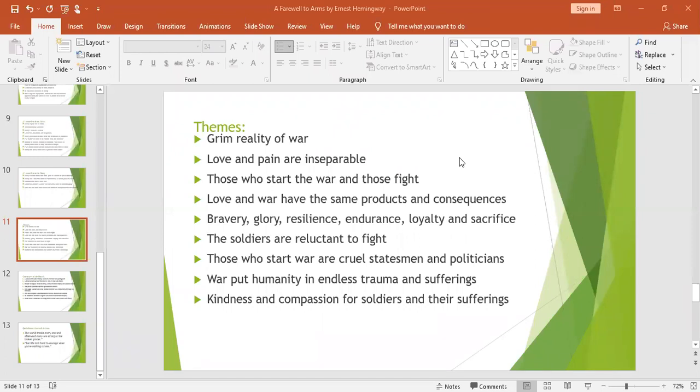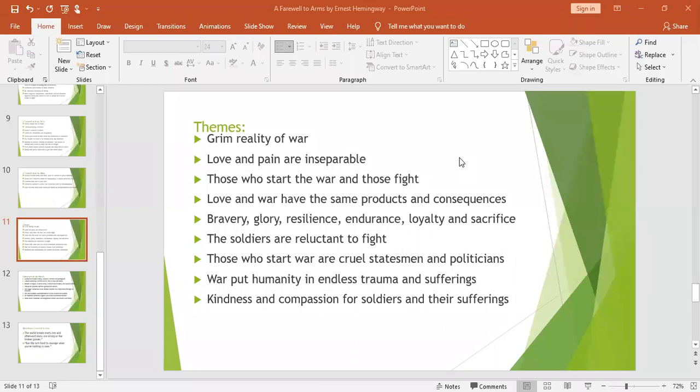The character Henry faces all the bitter situations in the war, and he represents Ernest Hemingway because Hemingway used to engage himself in those circumstances, the grim realities of the war.